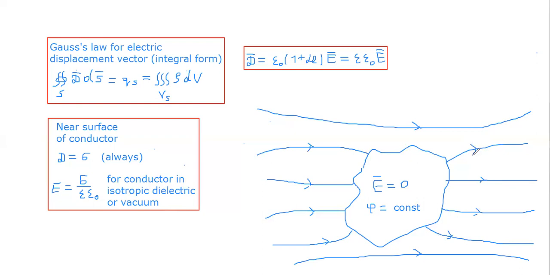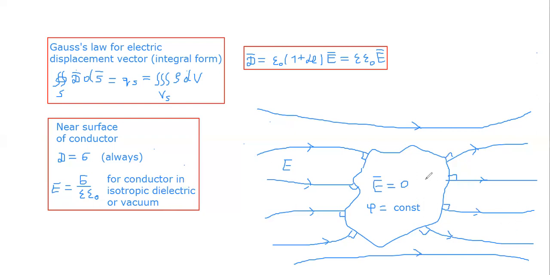The electric field will look in some way like this. It will be normal to the surface of the conductor near it.